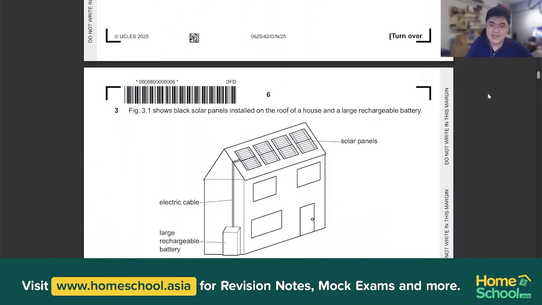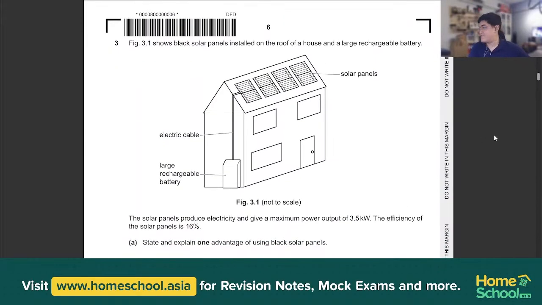All right, now we are done with question 2. Let's move on to question 3. Question 3, look, we are talking about solar panels now. This is about energy. So question 3 shows the figure here of black solar panels installed on the roof of a house, and it has a large rechargeable battery.